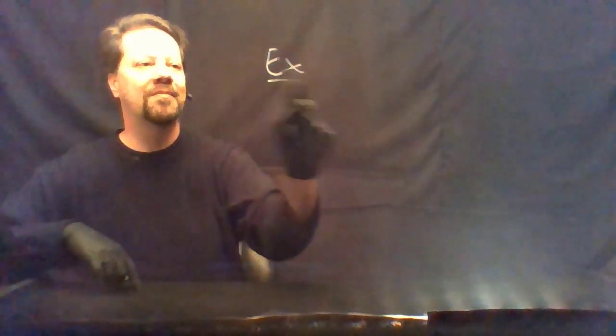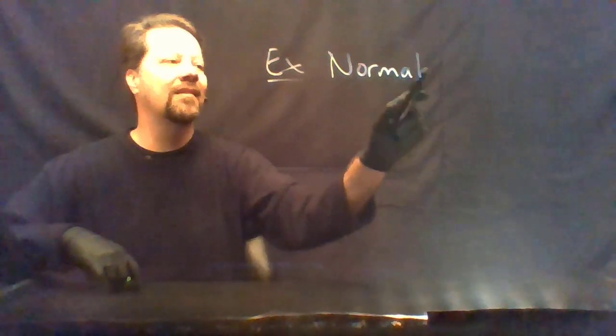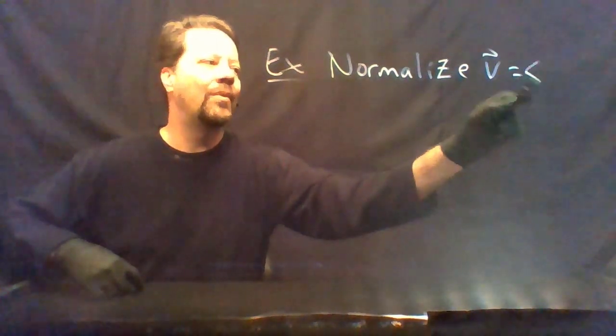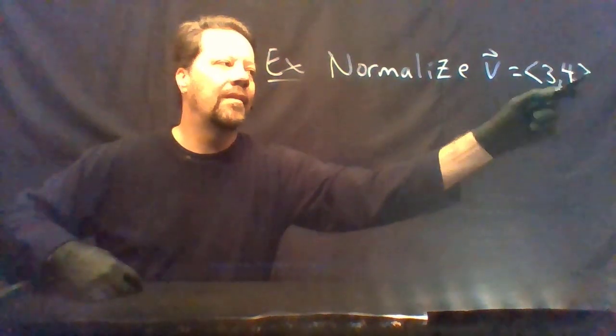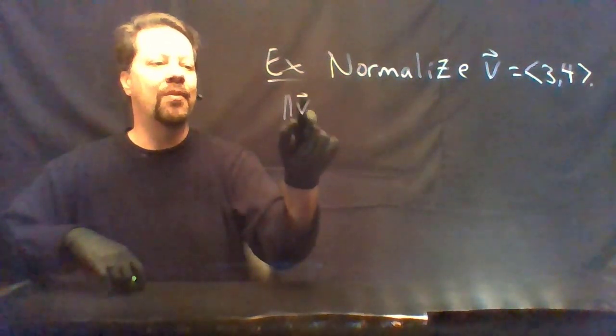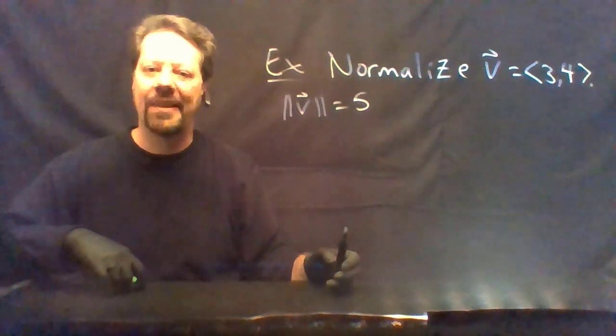For example, suppose you are instructed to normalize the vector v equal to 3, 4. You already know that the norm of v is 5, because we have a 3, 4, 5 Pythagorean triple.